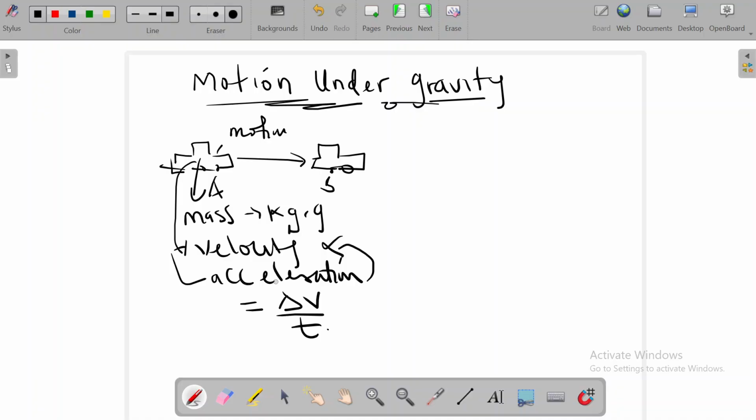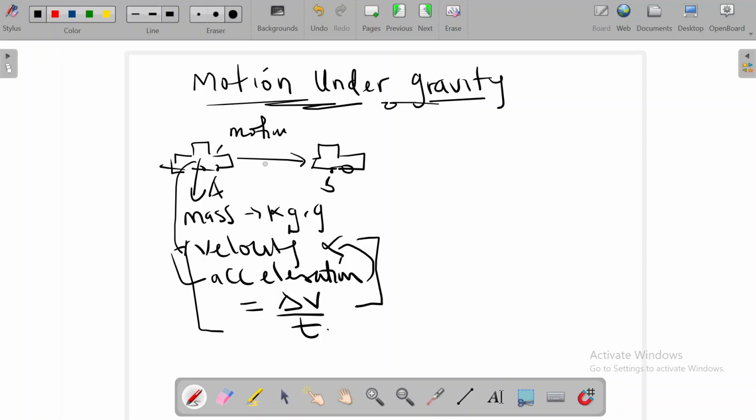So the change in velocity over time is what is termed as acceleration. I will explain this better in another video. So an object is known to have mass, it moves with a velocity, then it has undergone motion.